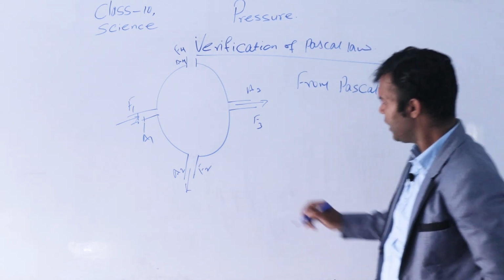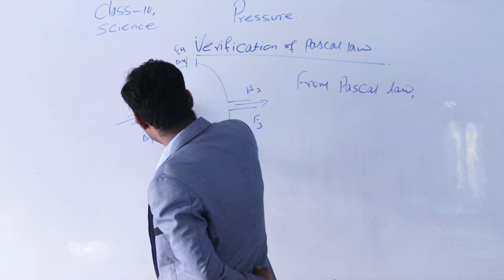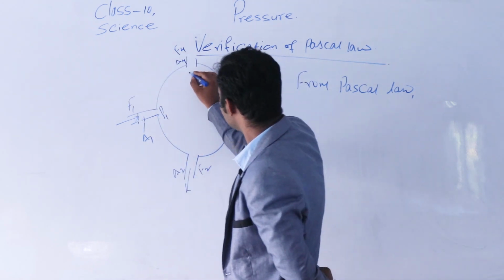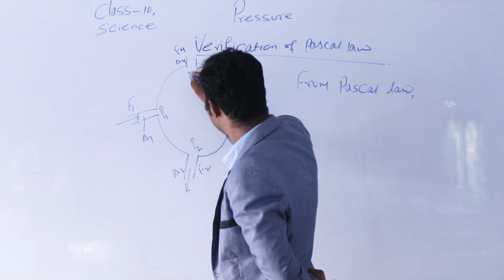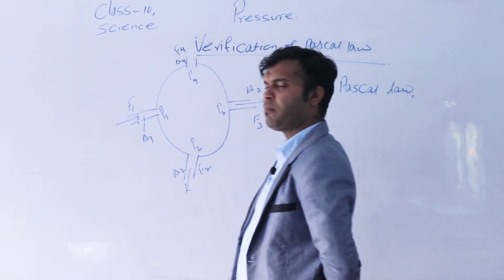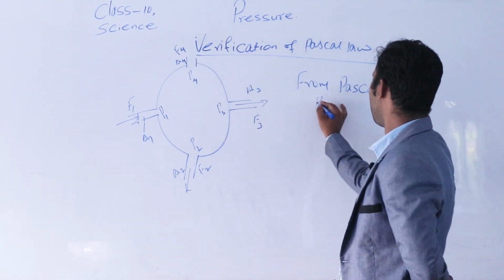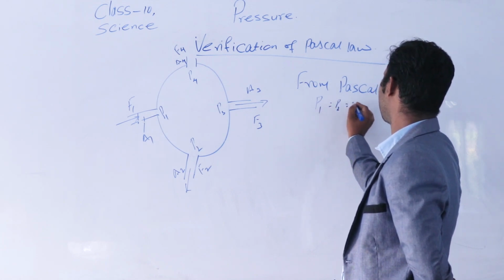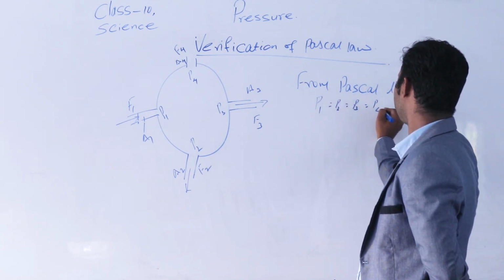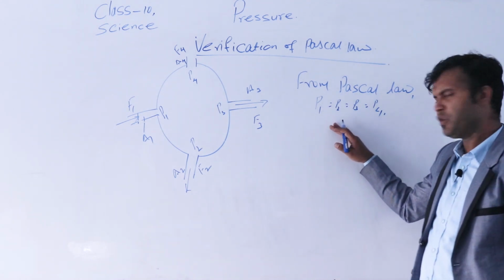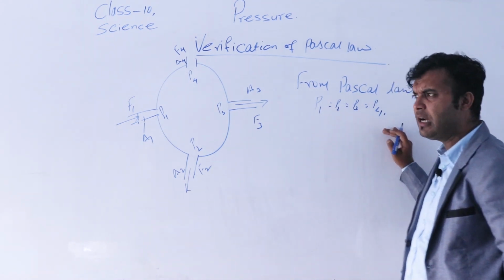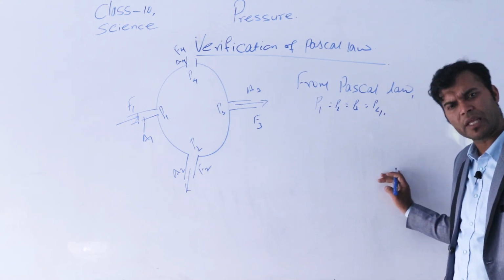Pascal's law says, the pressure contained in this page is P1, the pressure in this page is P2, the pressure in this page is P3, the pressure in this page is P4. From Pascal's law, P1 is equal to P2 is equal to P3 is equal to P4. Isn't it? You are clear?